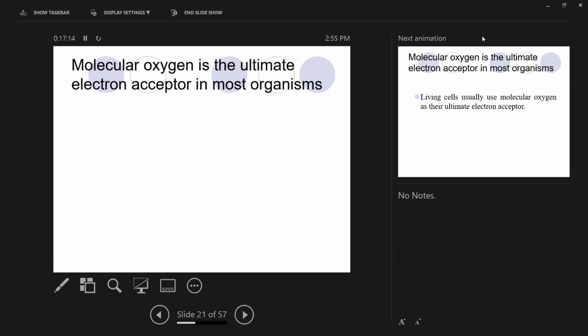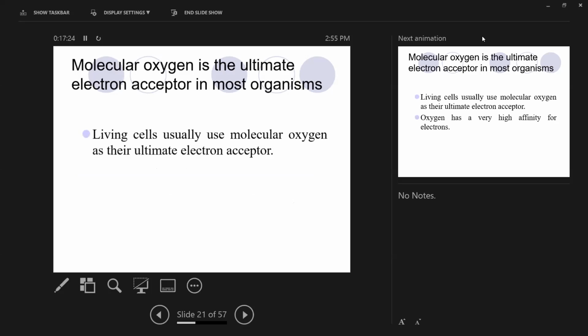In our cells, our end-of-the-road electron acceptor will be molecular oxygen. Many cells use molecular oxygen as their terminal electron acceptor. Not all cells do. Yes, our cells do. Yes, terrestrial life on this green Earth uses molecular oxygen as the terminal electron acceptor, but there are a whole lot of organisms out there that don't.